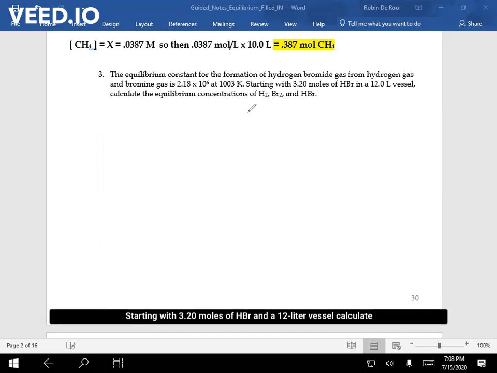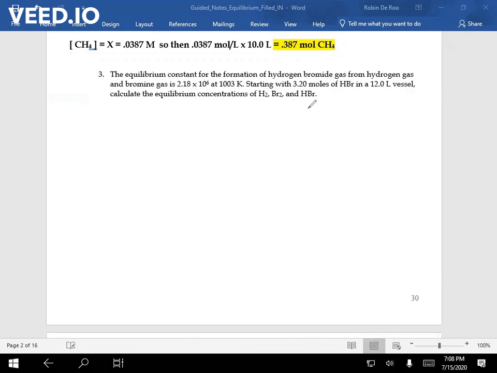Starting with 3.20 moles of HBr in a 12-liter vessel, calculate the equilibrium concentrations of hydrogen gas, bromine gas, and hydrogen bromide.